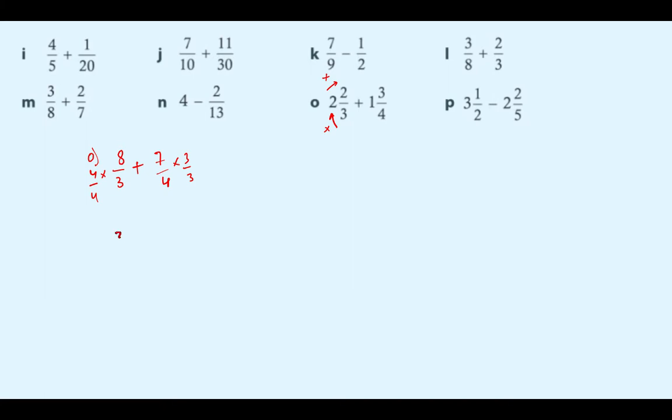So 8 fours are 32, 4 times 3 is 12, 7 threes are 21, 4 threes are 12, and the denominators are the same. So this becomes 53 over 12, and when we simplify this, 12 times 4 is 48, and 5 is the remainder. Now last part, that is part P.